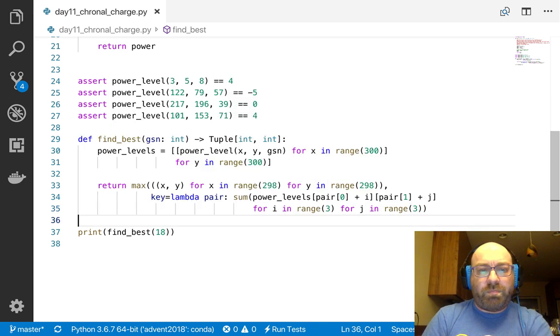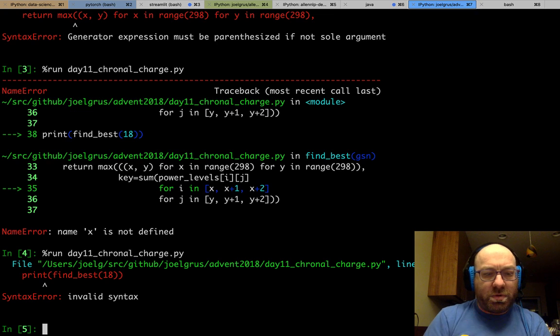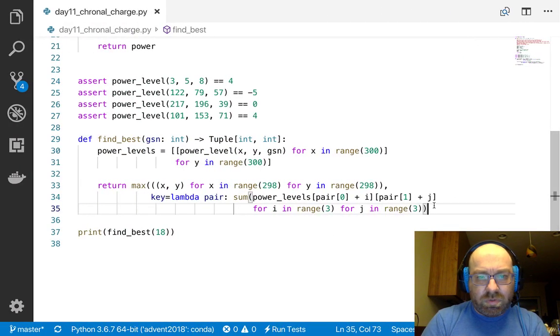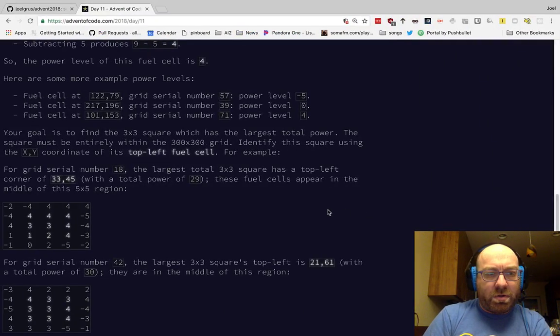So you can't do destructuring of variables in lambdas in Python 3. You could in Python 2. Forgot a parenthesis. And this says 4533, which is backwards.